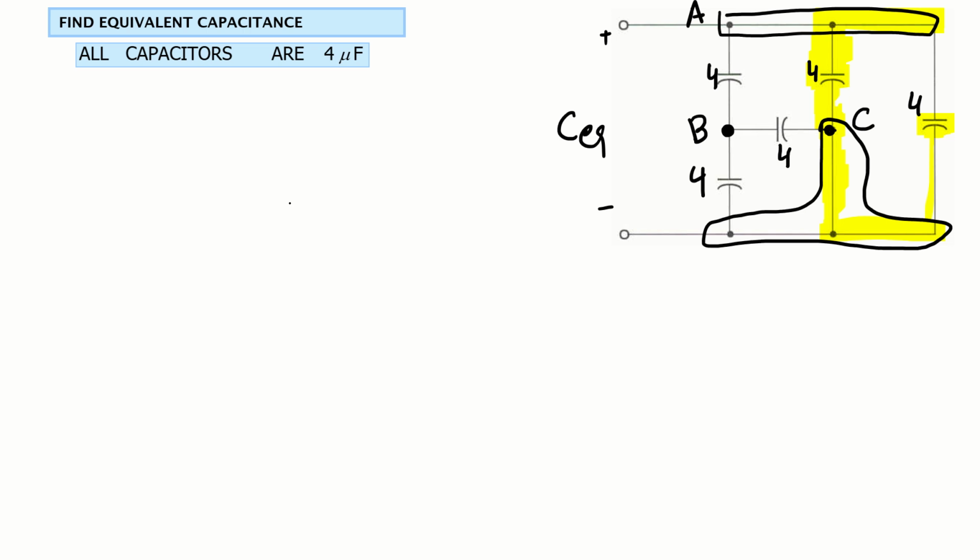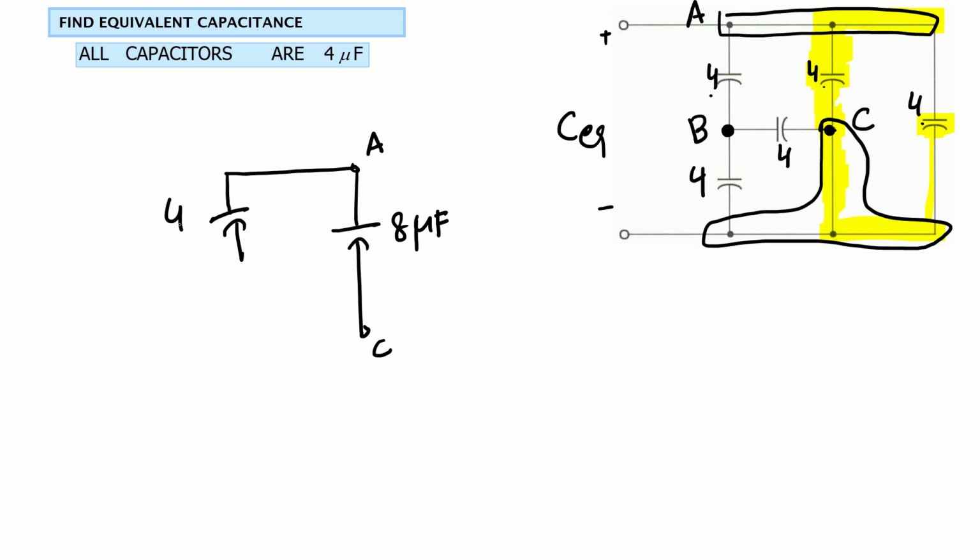So let's redraw the circuit like this: 4 and 4 become 8, and this is between A and C, right? So between A and C I have a capacitor of 8 microfarad. Then what is the rest of the things? Let's redraw the rest. I have this another 4 microfarad.